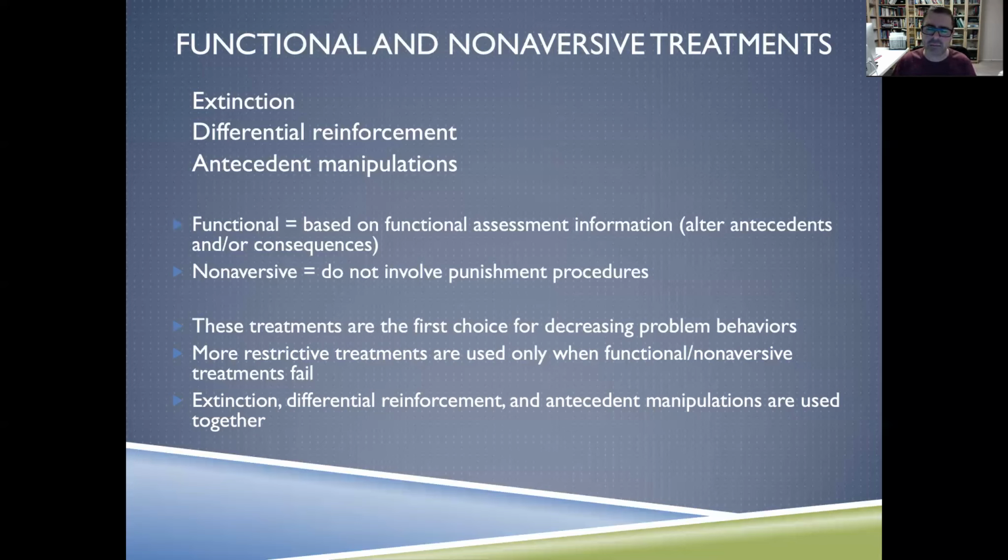But oftentimes in practice, if we have a target behavior that we're trying to decrease, we do our functional assessment, we find out about the antecedents and the consequences responsible for the occurrence or the maintenance of the behavior. And then we may manipulate the antecedents to prevent the problem behavior from happening. We may eliminate the consequences so the behavior stops happening. And we may also teach an alternative behavior to produce the consequence that used to be produced by the problem behavior.